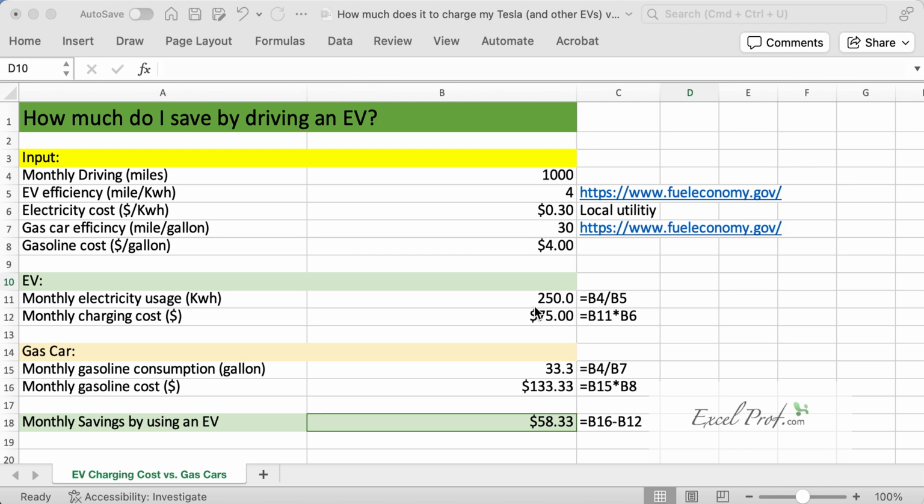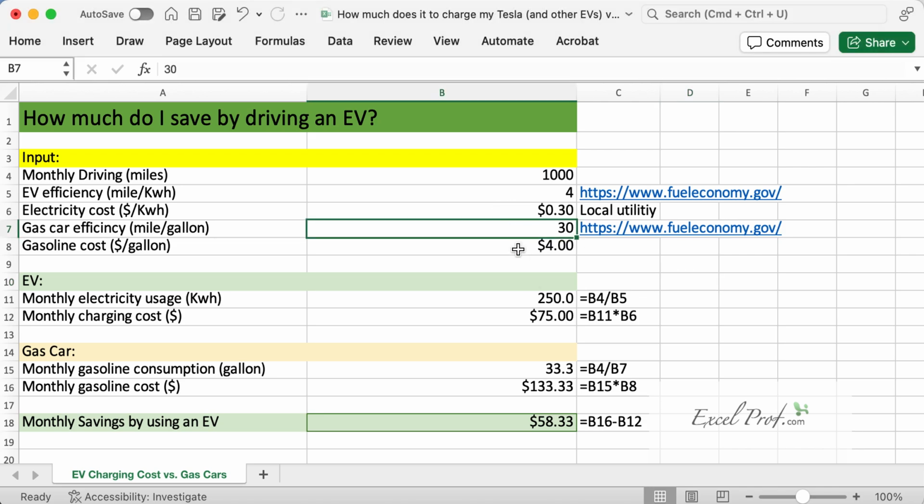We all know the efficiency measure is called MPG, miles per gallon, right? So, let's say on average, a very good gas car would drive 30 miles per gallon. That's 30, so that's very good. And let's say on average, you drive 1,000 miles a month, and you divide 1,000 by 30, you get how many gallons of gasoline you consume, and then you multiply by your local gas station price.